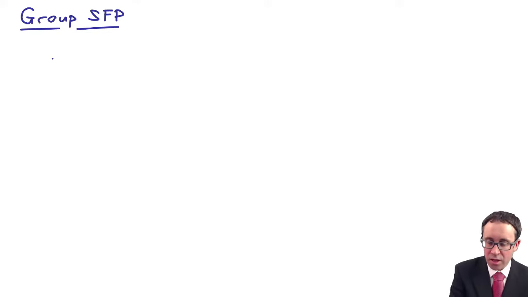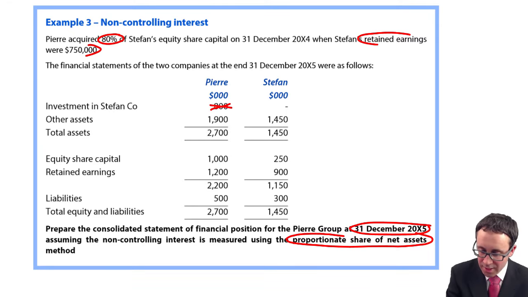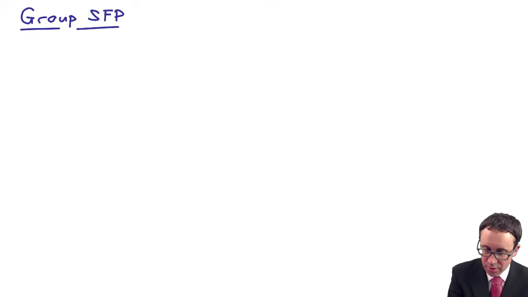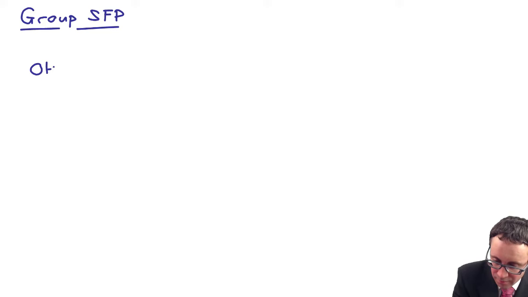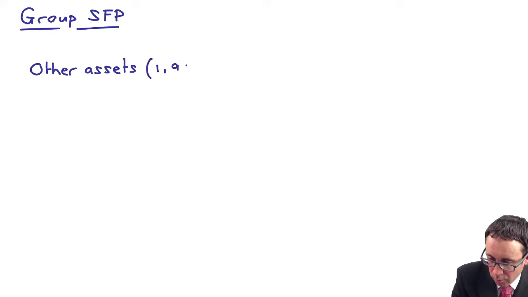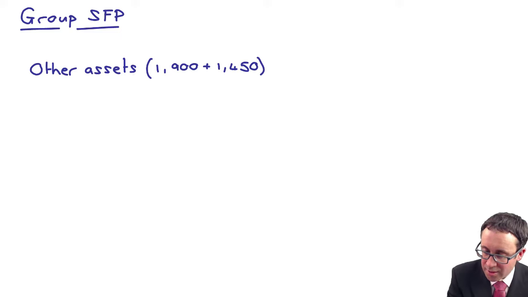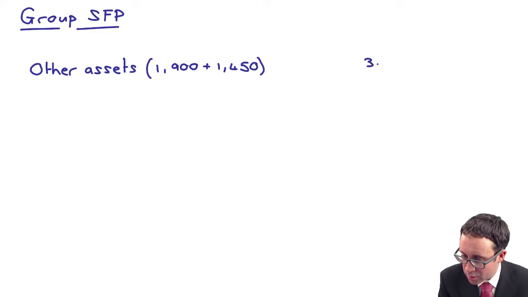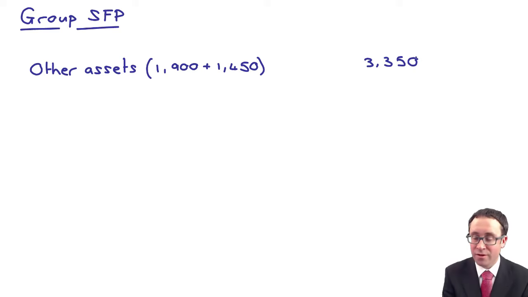So we're going to go through there and start off with, is it the assets? So your other assets, 1,900 and 1,450. If that's the case, we add them across, and it gives me 3,350.